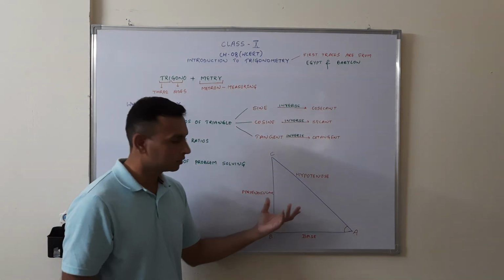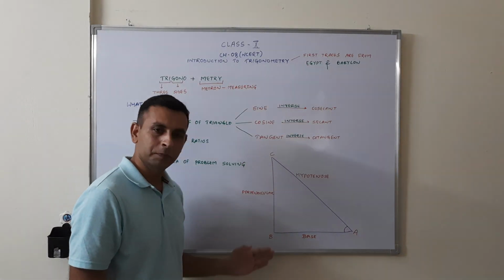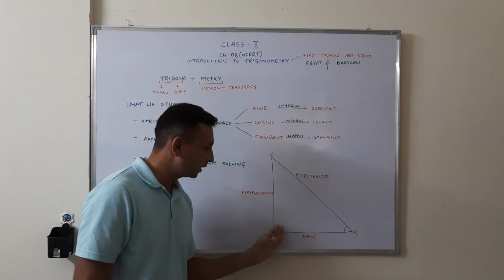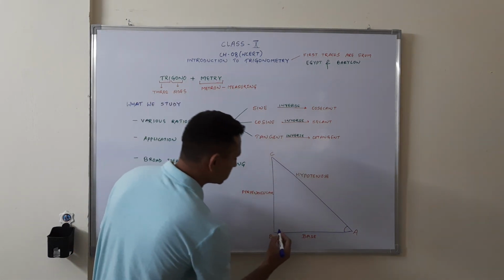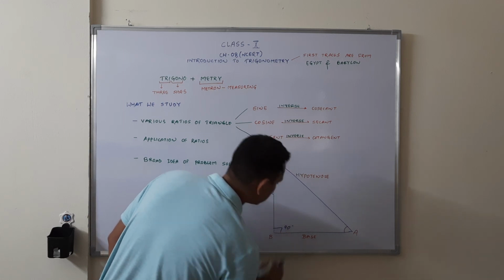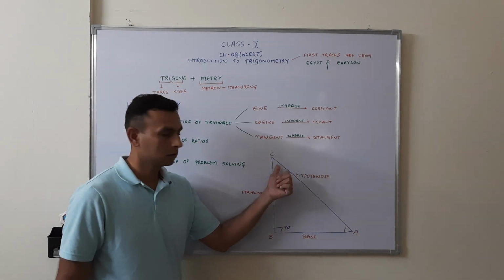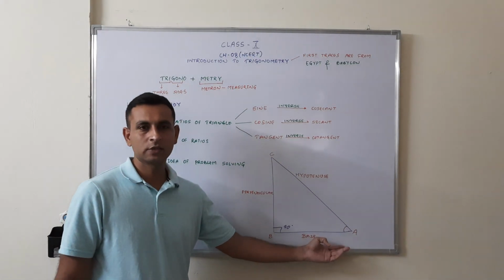Okay, now let me come to the triangle. These are the various parts of the triangle: three different angles. Angle A, angle B, which is the right angle, and angle C. This is the base of the triangle.